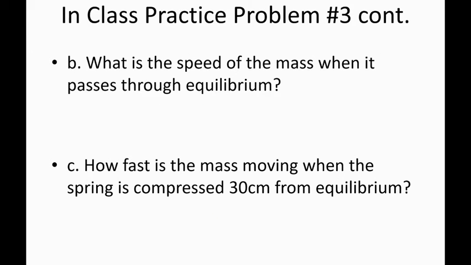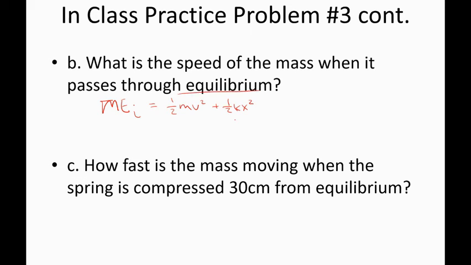What is the speed of the mass when it passes through equilibrium? So when it passes through equilibrium, what is that speed? Well, I know that my total mechanical energy, my mechanical energy initial, we'll say max, is equal to 1/2 mv squared plus 1/2 kx squared.